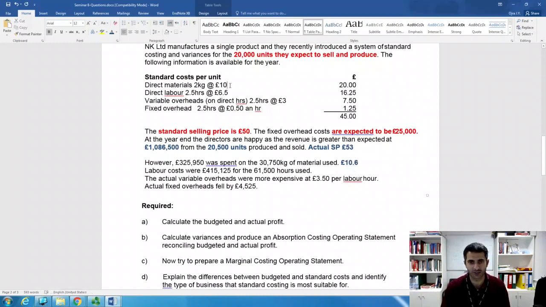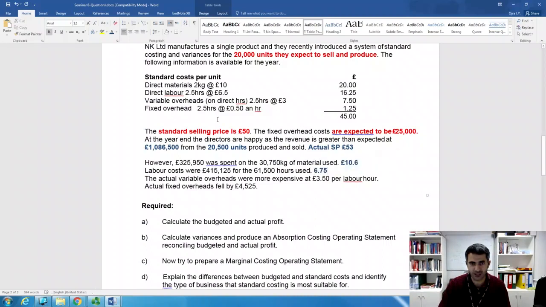Compared with £10. In terms of labor cost, again we need to calculate the labor: £415,125 divided by 61,500 hours, which is 6.75.